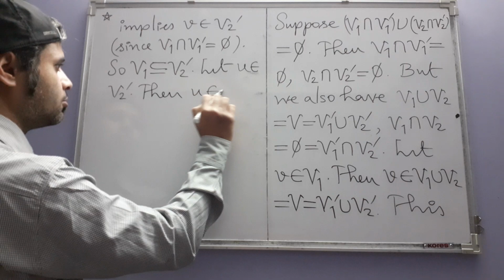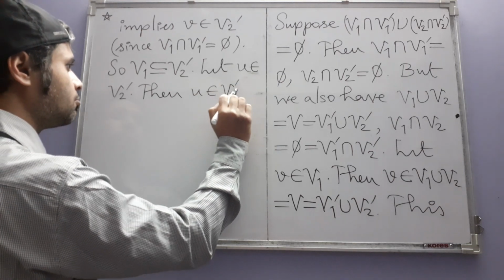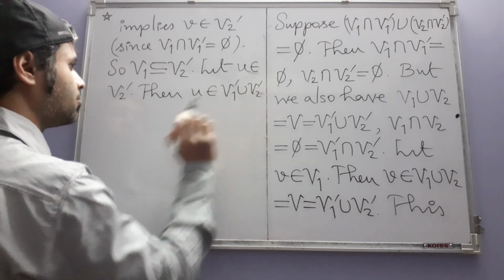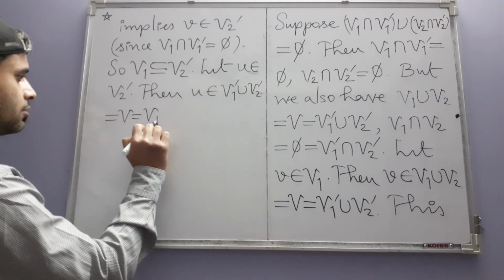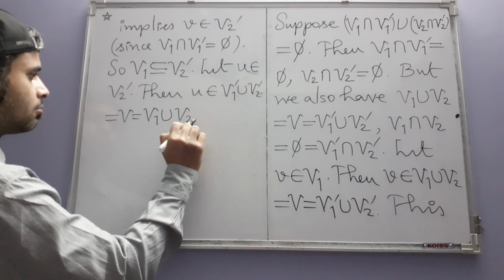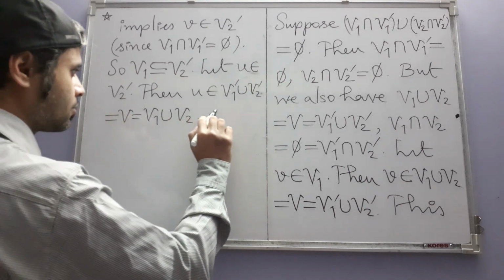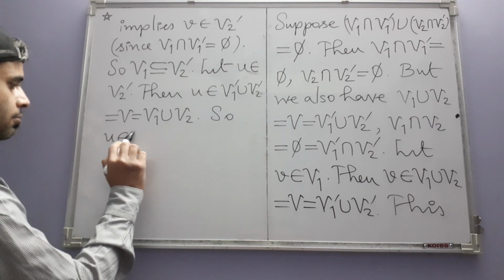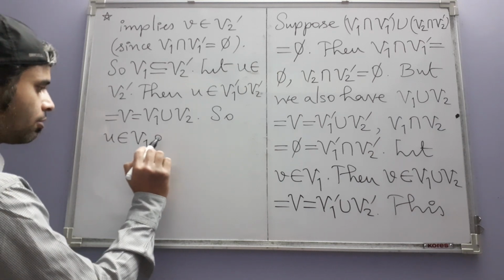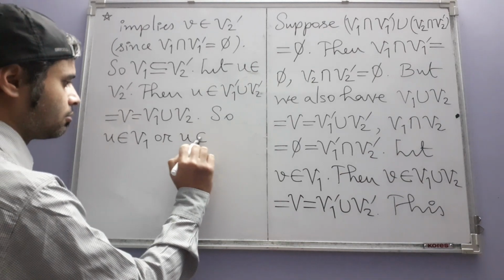Then u belongs to V1 prime union V2 prime, which is V1 union V2. So u belongs to V1 or u belongs to V2.